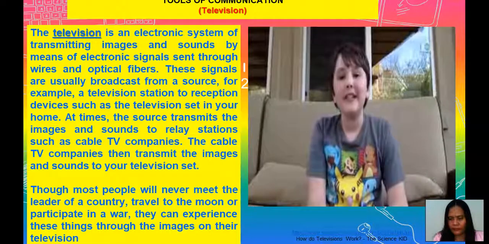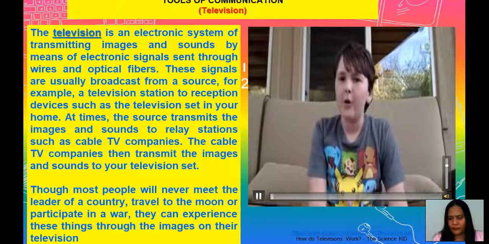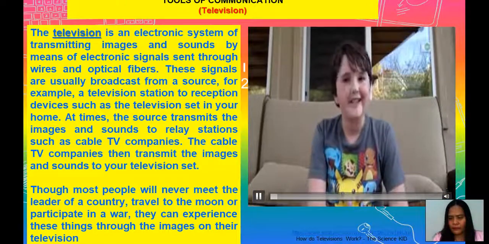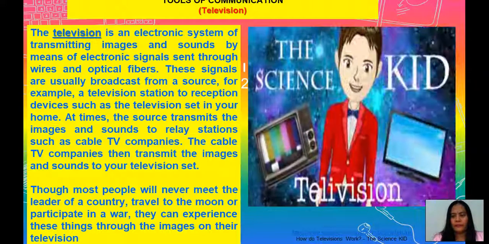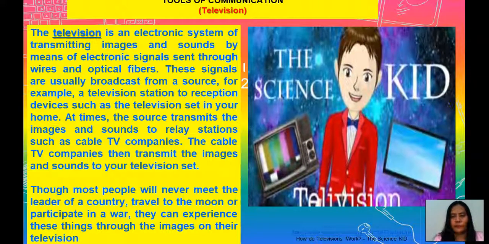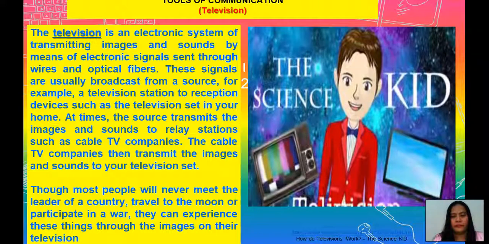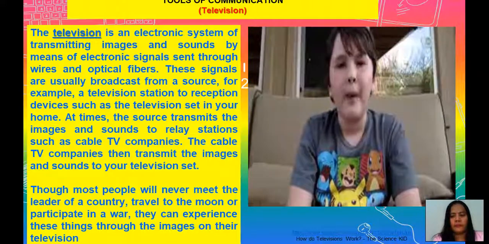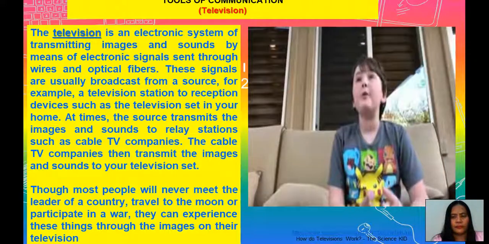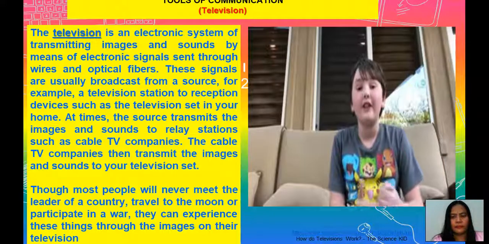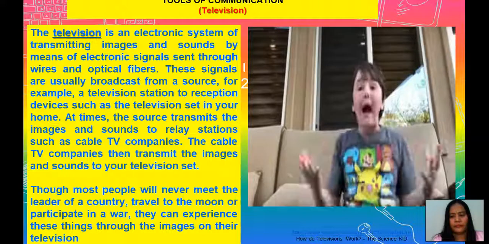Hello! Welcome to the Science Kid. I'm your host, Quinn Friedman, and today's episode is the science behind the television. The television is one of the best inventions of human history. Watching something that could have been recorded anywhere in the world on your couch at home is just amazing.